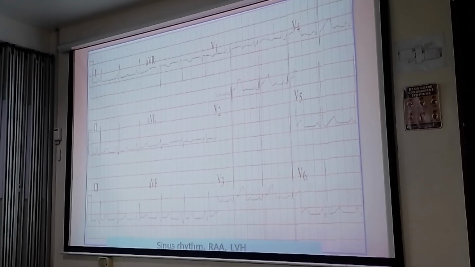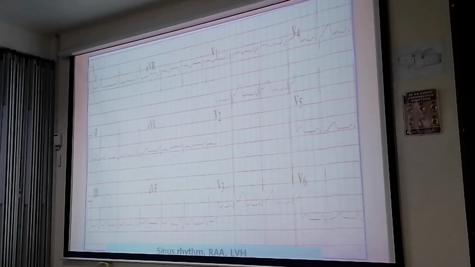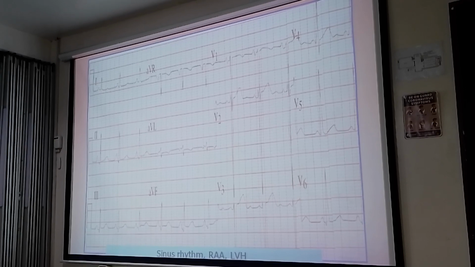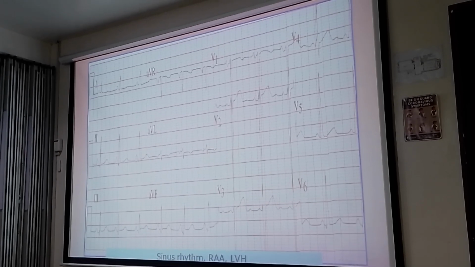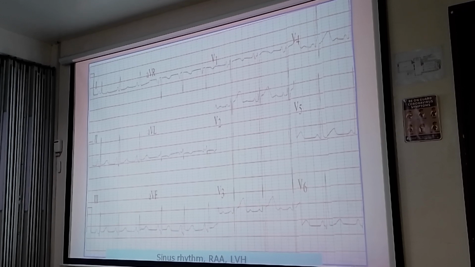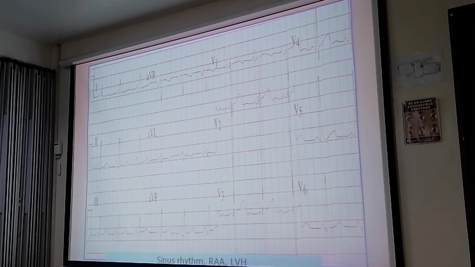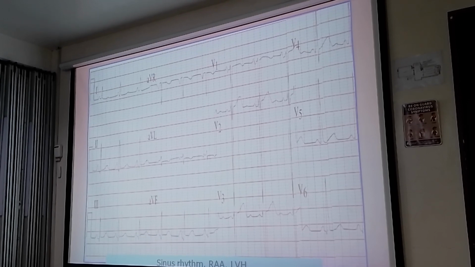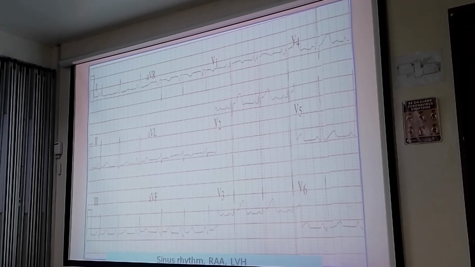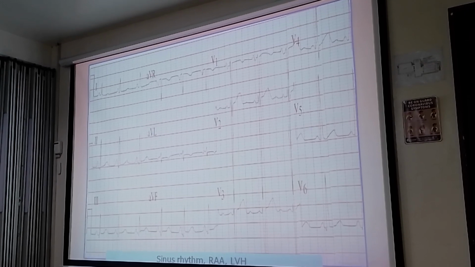For example, 12 is your S, 12 is your R. If you add it, 24. There is no LVH. If it is normal, 10 mm. But if it is 5 mm, you times 2.